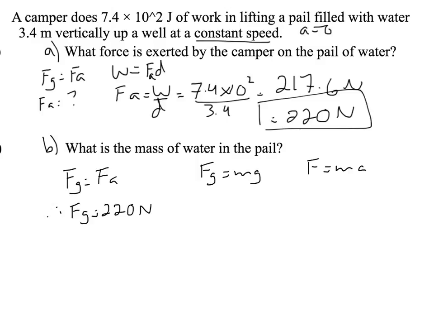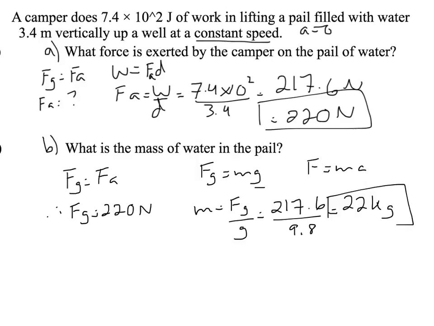In this case, a is acceleration due to gravity, so we use g. So now we're going to rearrange. We get m equals Fg divided by g. Remember, we got to use our original amount, 217.6 divided by 9.8, and that gives us an answer of 22 kilograms.